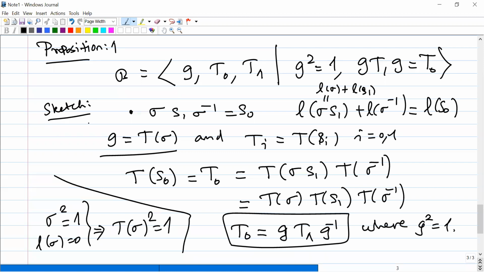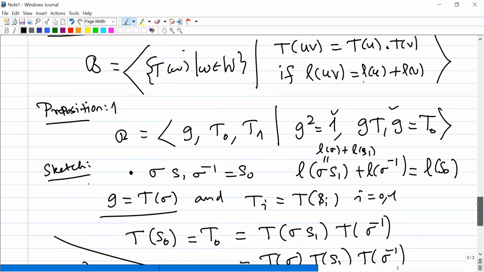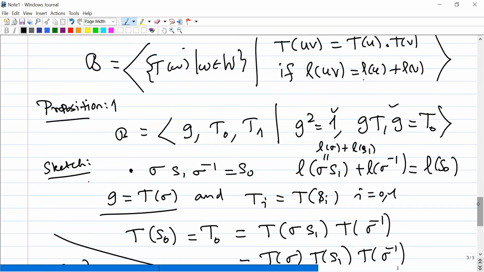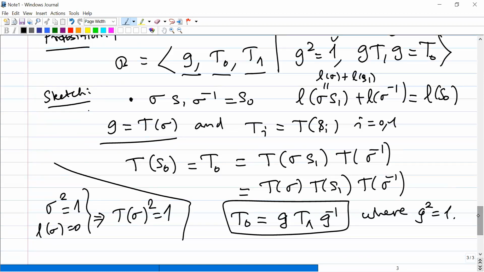Okay, so clearly the relations that we have, they satisfy. And it's not hard to see that, because we have given W and W, so we can use very explicitly what are the elements in W, or we can use that W is generated by S naught, S1, and sigma to observe that this G, T naught, T1 actually generates B. Okay, and these relations are satisfied, so you have a map from this group.